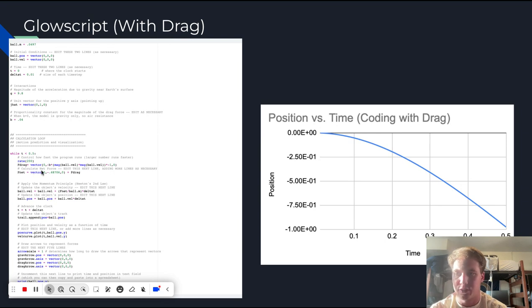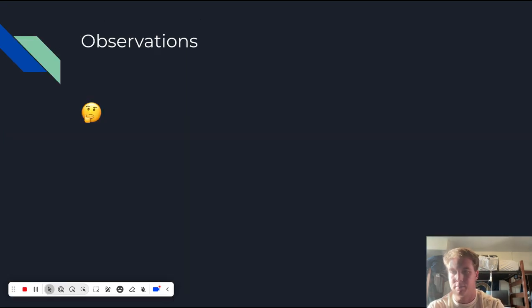Force of drag equals the vector of negative b times the magnitude of the velocity squared times negative 1, which is just the hat vector, and that's your drag equation. And then we update, and F net is that plus the vector of mass times acceleration.